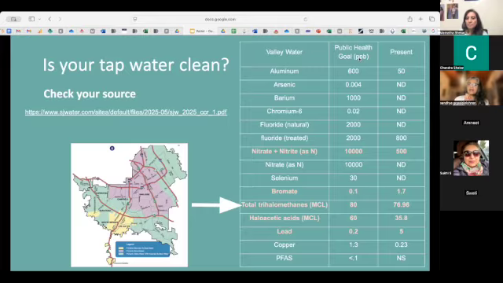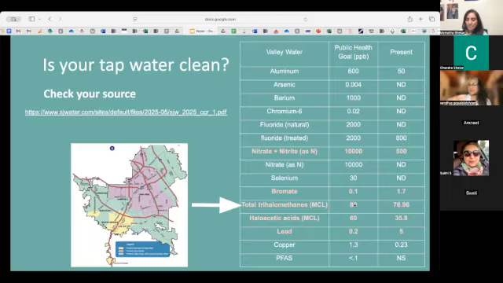I picked the lowest one, which is called the public health goal, which means the water need not actually meet these levels, but this is our goal. In an ideal world, this would be our goal: minimum contaminants should not exceed this level.